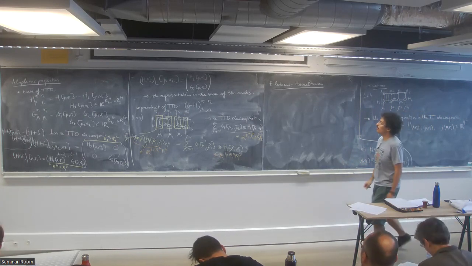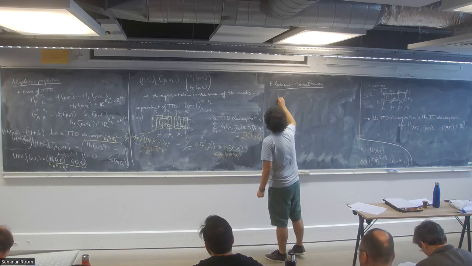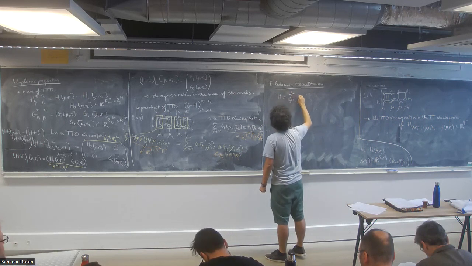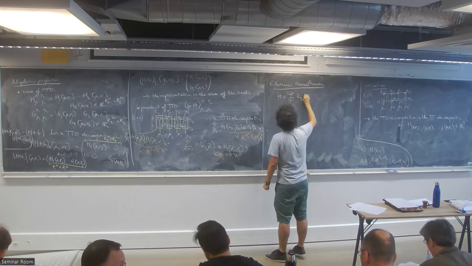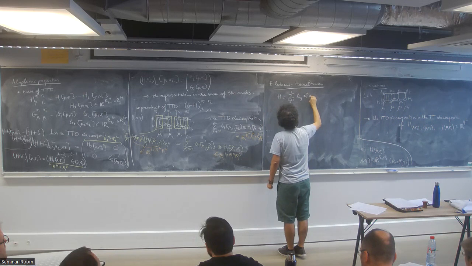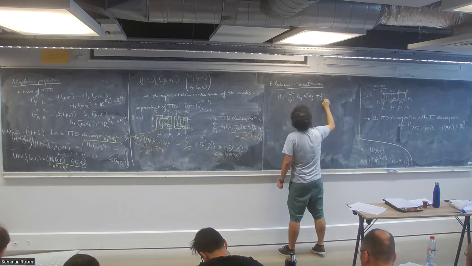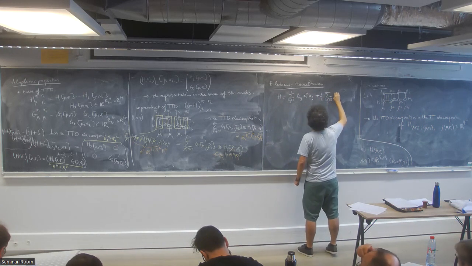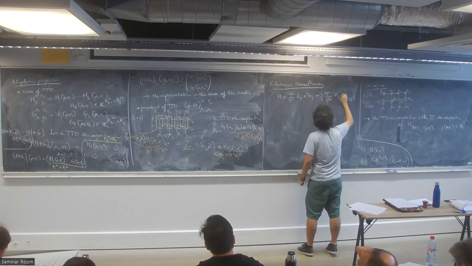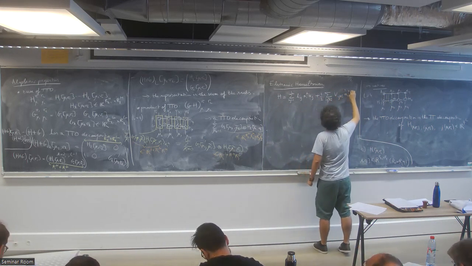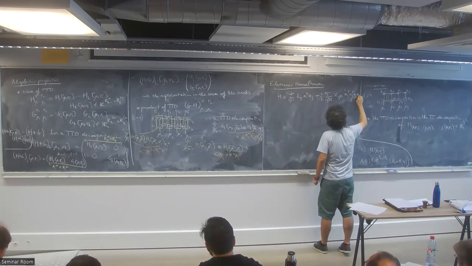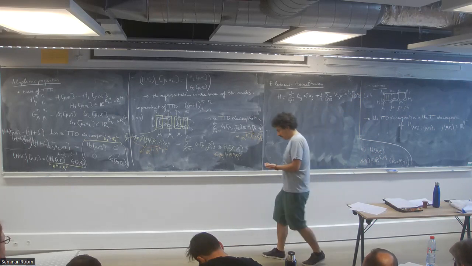Okay, so the electronic Hamiltonian. The electronic Hamiltonian in the Fock space representation is written as the sum of a one-body and a two-body part.